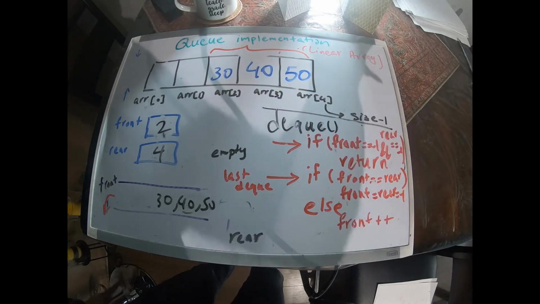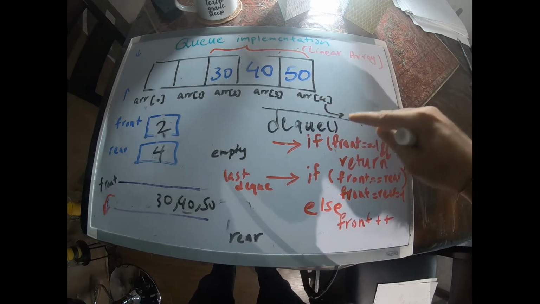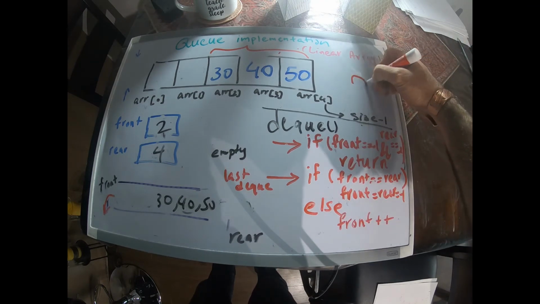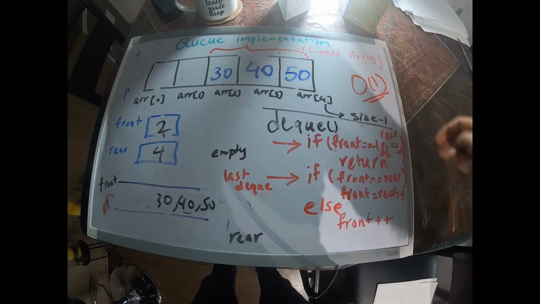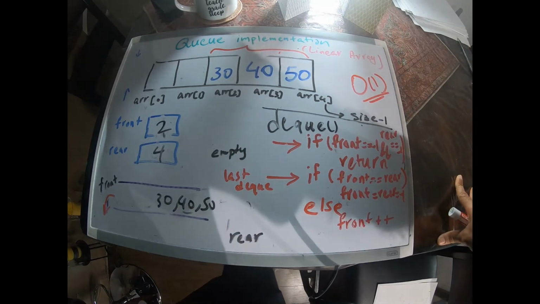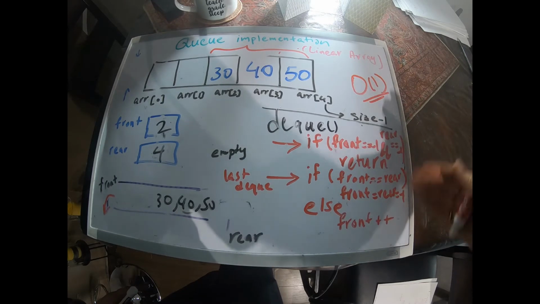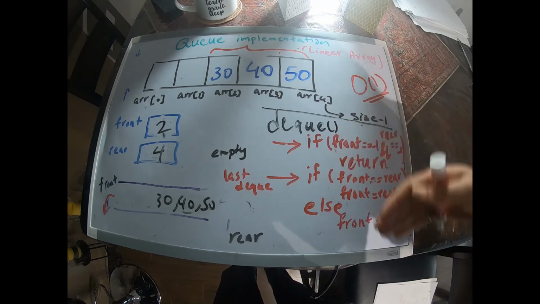One thing I want to emphasize here: you see that for both NQ and DQ operations, the time complexity is big O notation 1, similar to what we saw for the stacks, right? We only have one operation. You don't see any loops here, do you? No. The same thing for NQ.